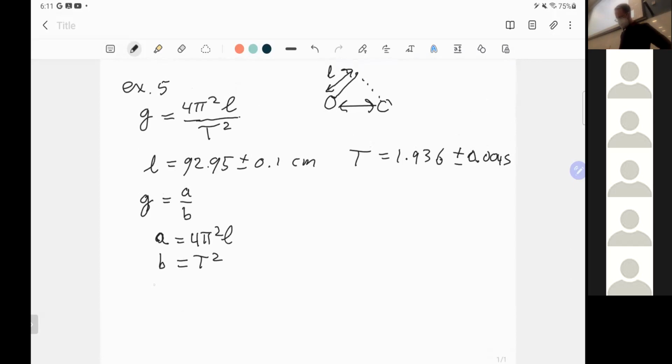The best value for A is just going to equal 4 pi squared times the best value for L. That is equal to 4 pi squared times 92.95 centimeters.